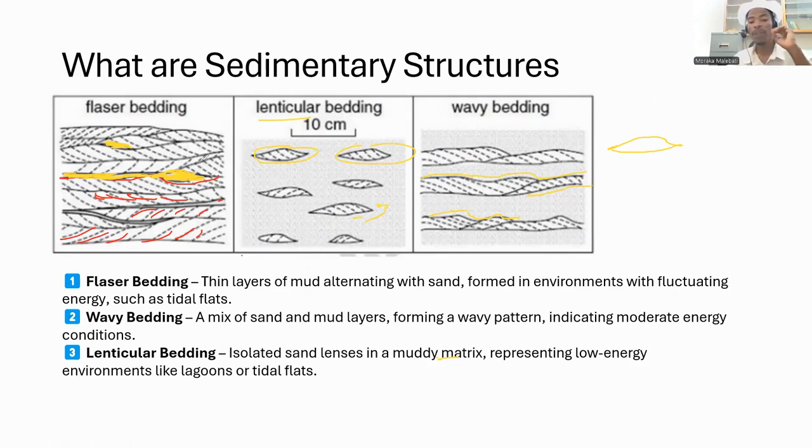So without any further waste of time, I hope you understand these sedimentary structures that are confined to tidal flats.